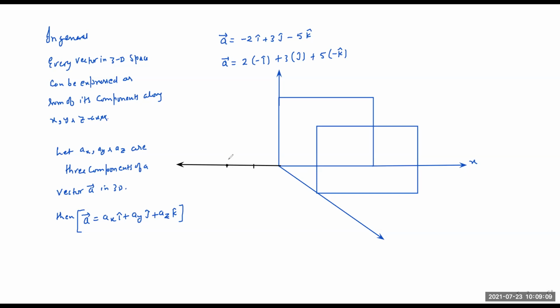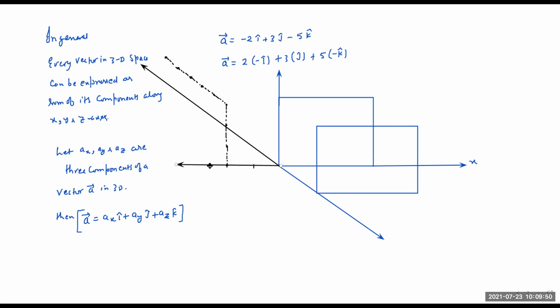3 j cap means you have to walk 3 units upward: 1, 2, and 3. So we are here. And then you have to walk 5 units in minus k cap, so walk behind the wall: 1, 2, 3, 4, and 5.